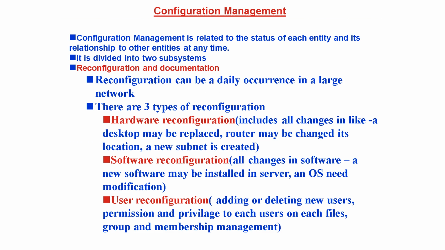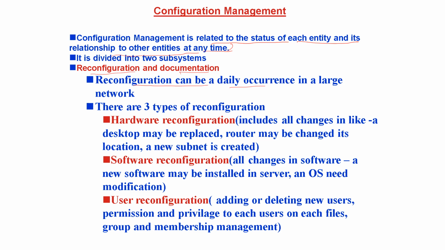Then what is configuration management? Configuration management is related to the status of each entity and its relationship to other entities at any time, and it can be divided into two subsystems, that is reconfiguration and documentation.